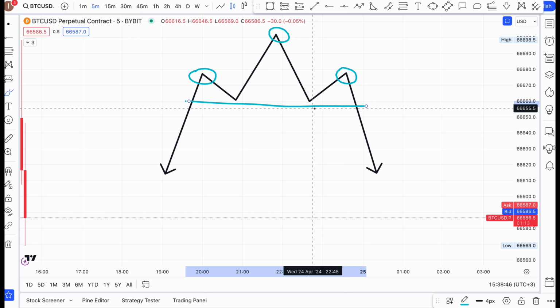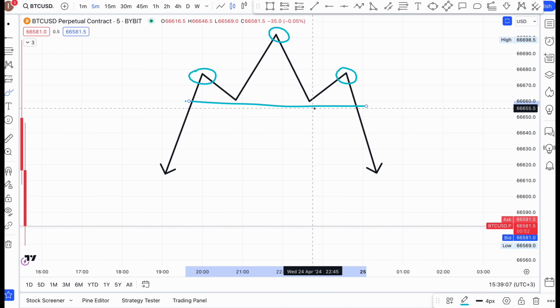So immediately you see this on your chart, just know that, okay, this is what the market is talking about. So right now, I will show you how to identify it and the strategy to use in trading this particular head and shoulder pattern.